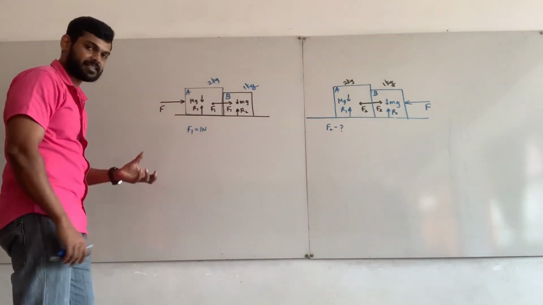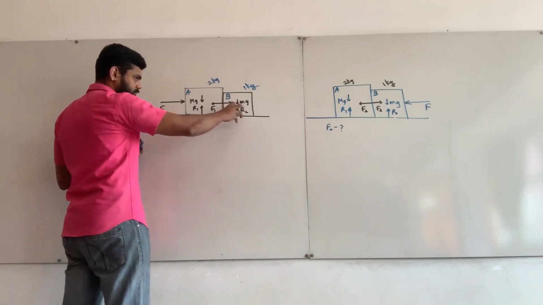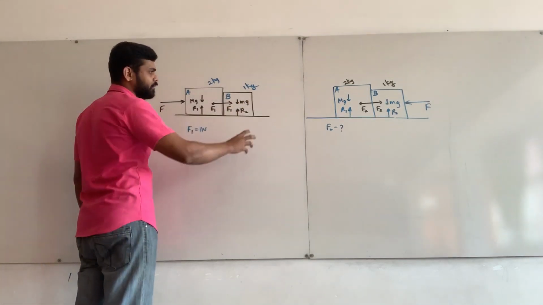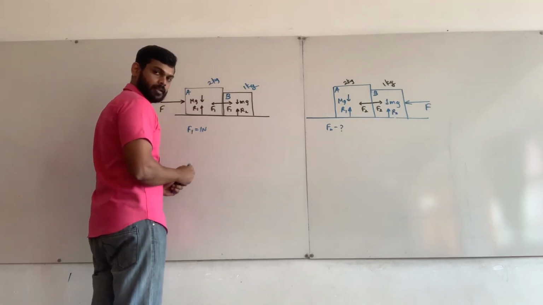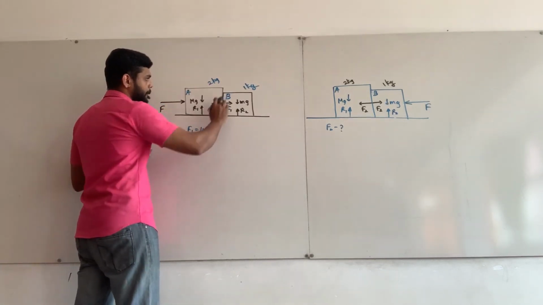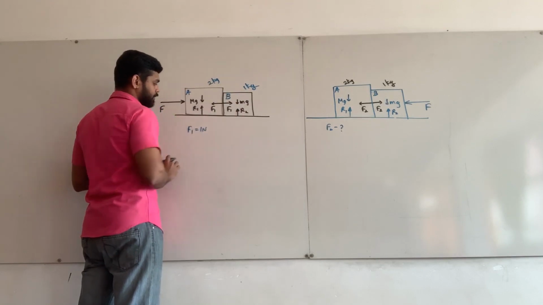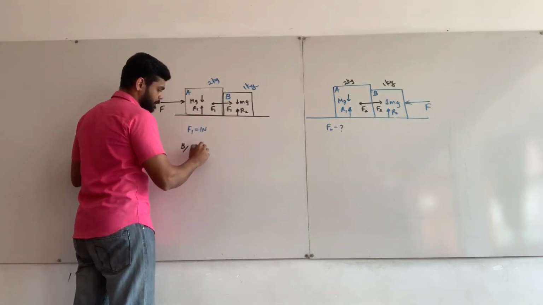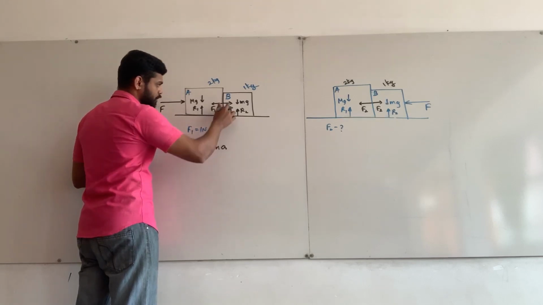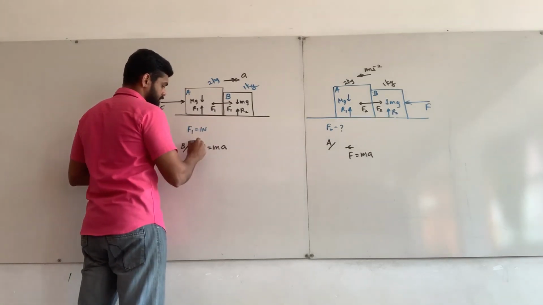Okay, we can easily calculate this. Let's apply Newton's second law of motion to block B. For block B, you can apply F equals ma rightwards.